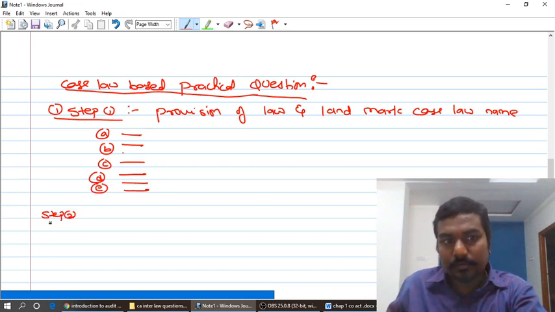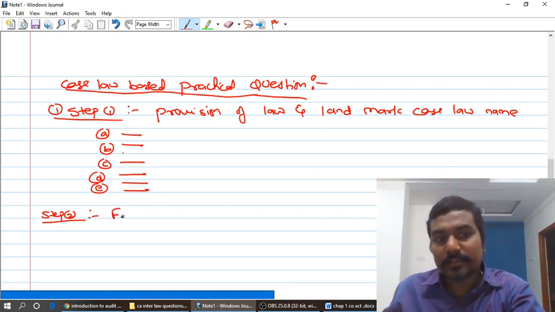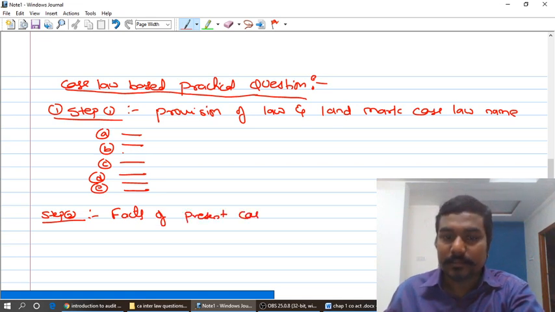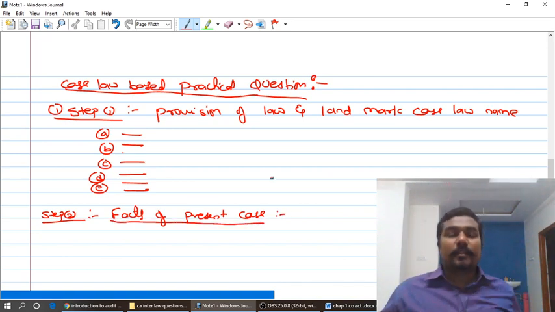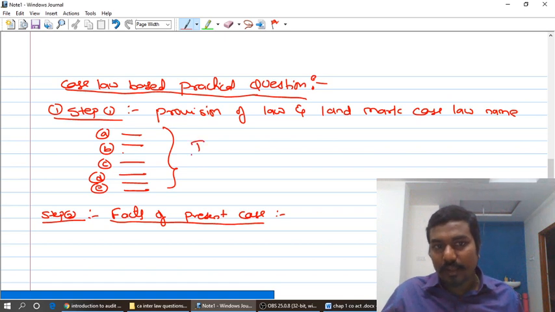In step number 2, we have to write the facts of the present case, that is, we have to explain the question in your own words. So here you are informing the examiner that, my dear examiner, I know the law.